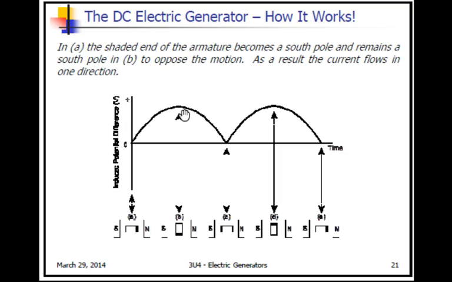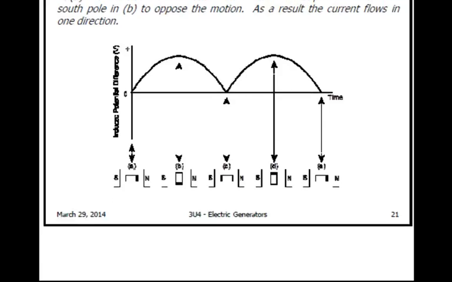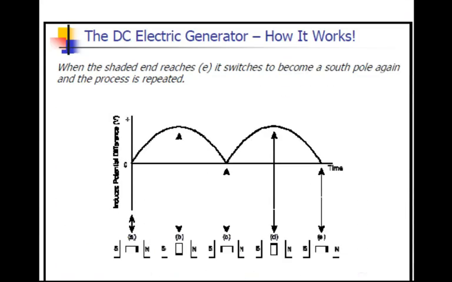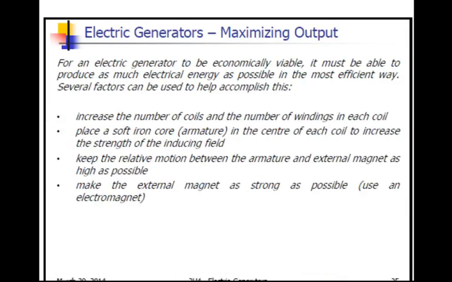That's when we start to oppose the motion, so we have to change the direction. And we keep having these humps which show our electricity generation. Let's move on here. You can read that for more information.